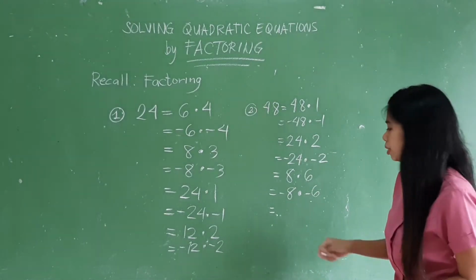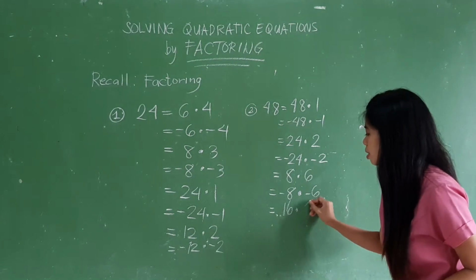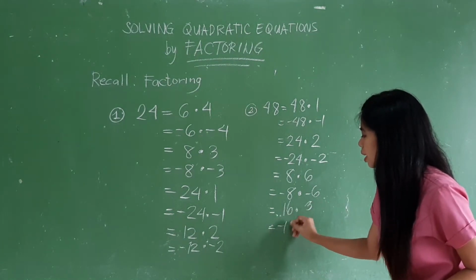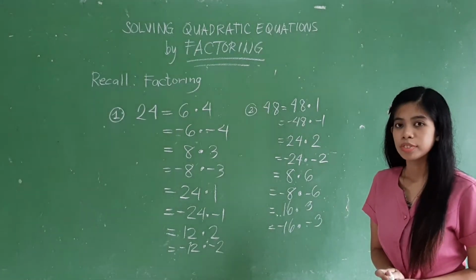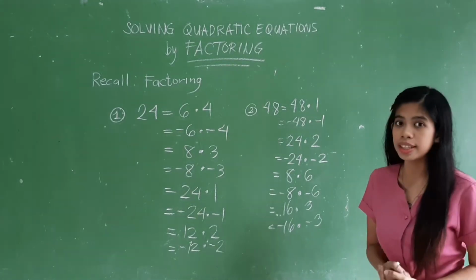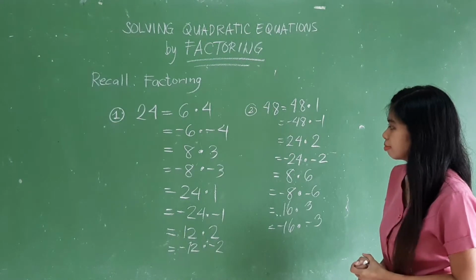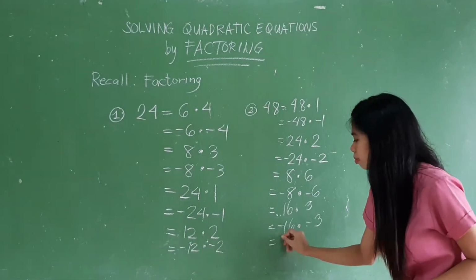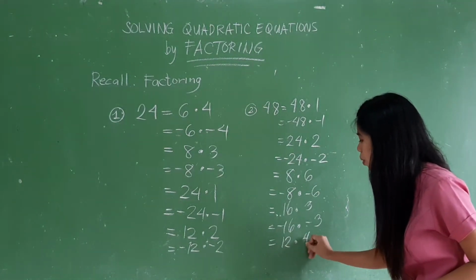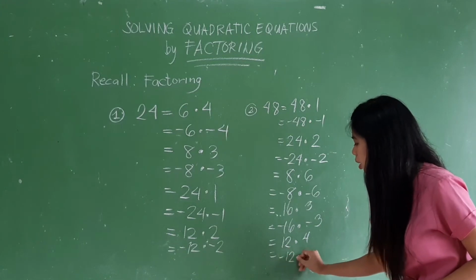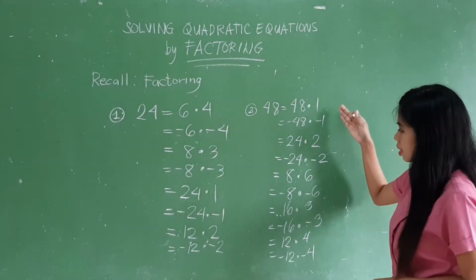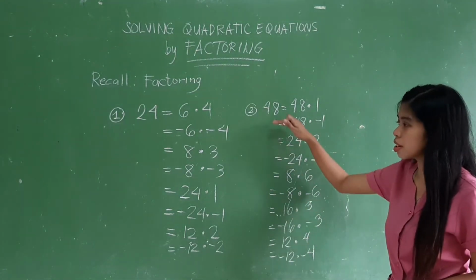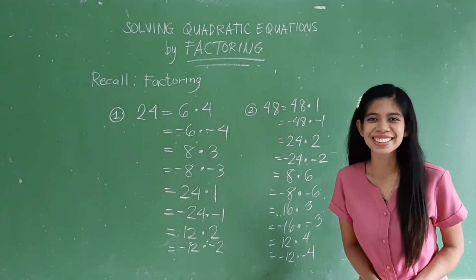It could also be 16 times 3 or negative 16 times negative 3. Or is there any more factors of 48? It could be 12 times 4 or negative 12 times negative 4. Alright, so these are the factors of 48.